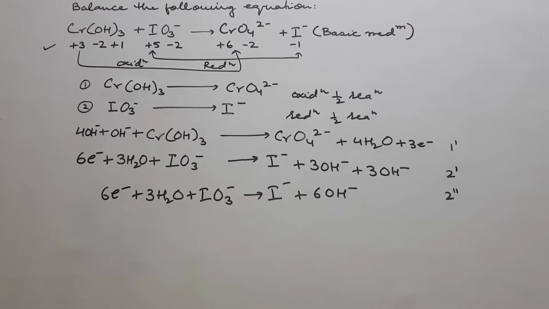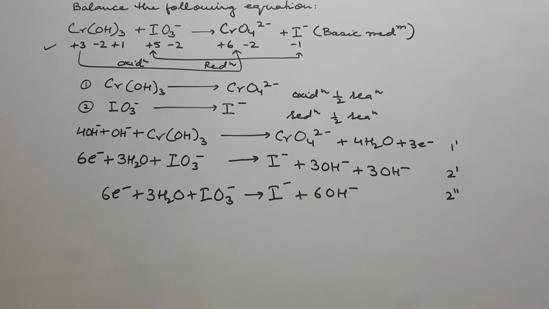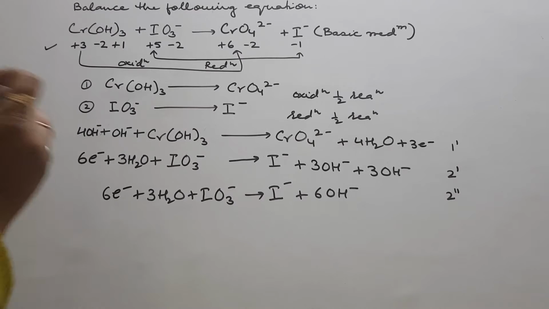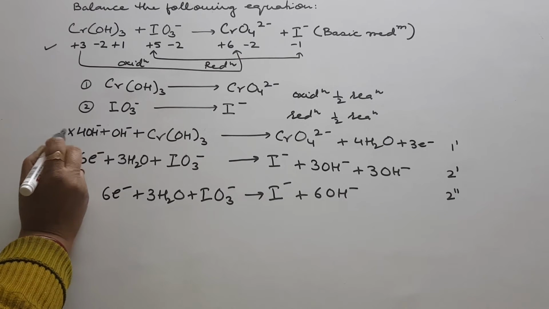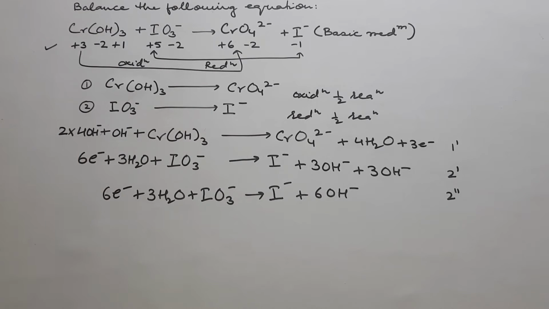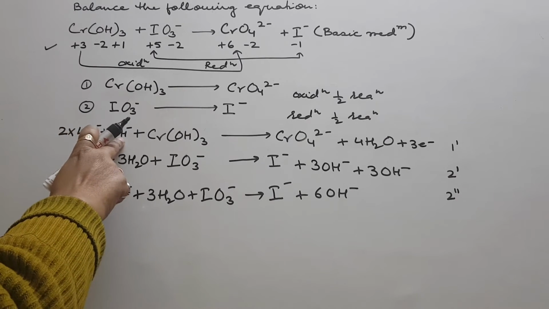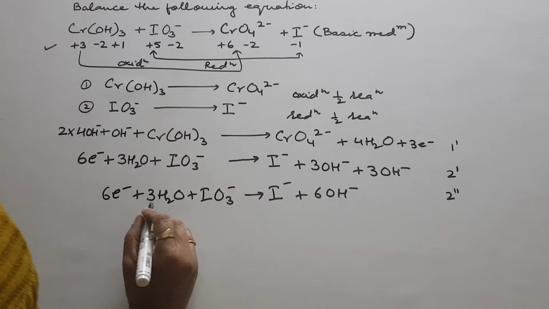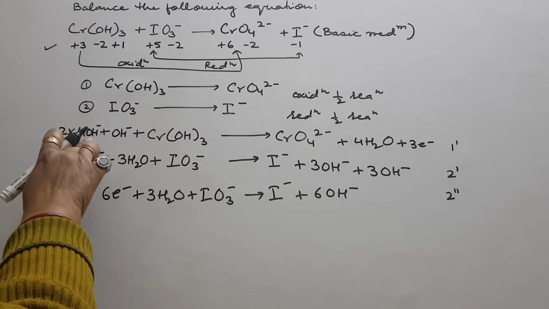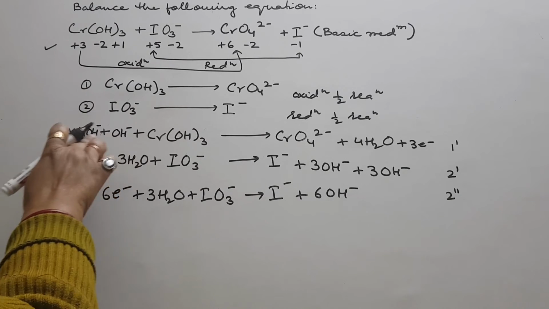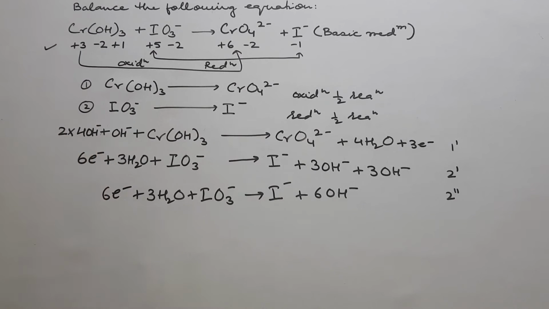With the result, if I want to add up equations 2 and 1 in such a way that electrons get cancelled, so logic says I should multiply this equation by 2. So now it will be this 4 OH and 1, 5 OH. So 5 2s are 10 OH minus. You see, 4 and plus 1, 5, and into 2. So this will be 10 OH minus.